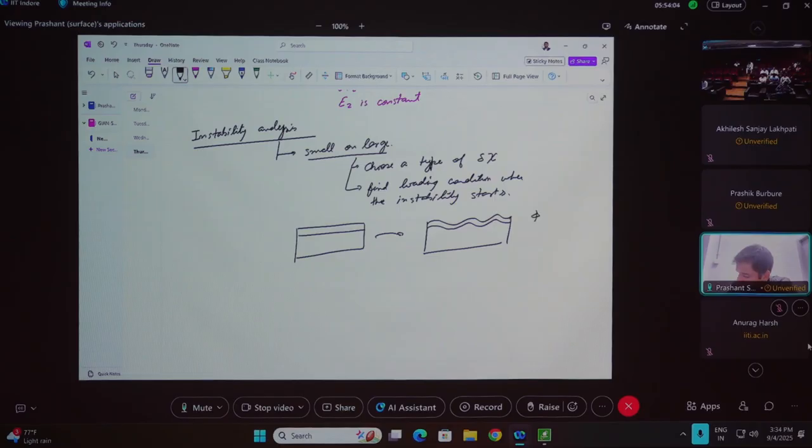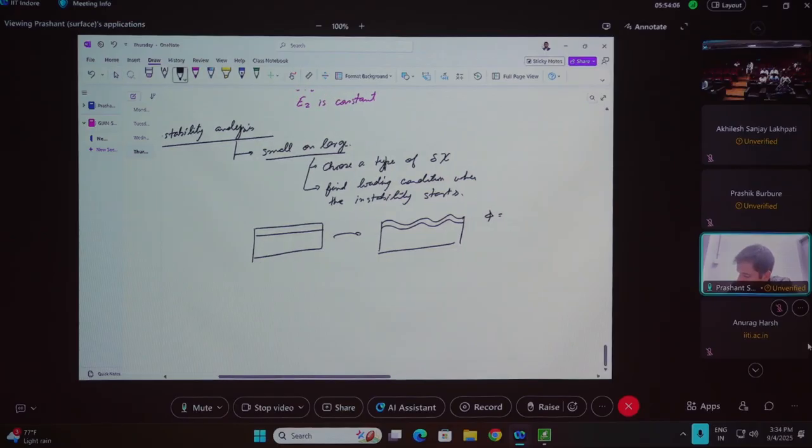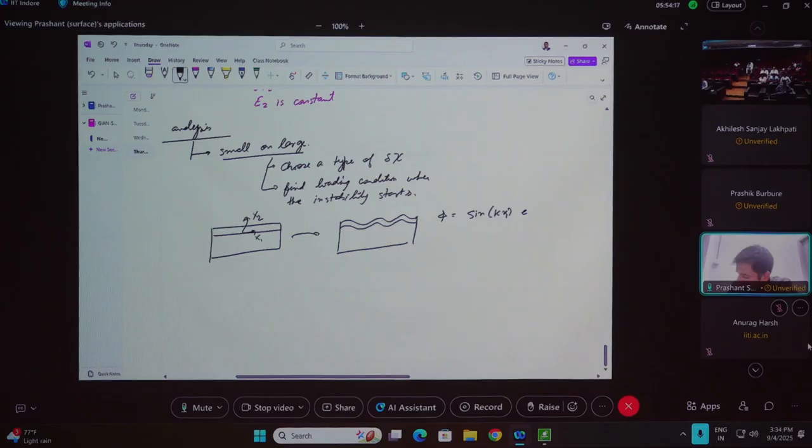We had a displacement function, if you remember, something like sine of k x1 along the x1 direction, and exponential of minus k x2, so that it decays down. So we knew that this is what the instability pattern looks like. So we chose a value of delta chi that had a certain form, and then we found out under what loading conditions this instability starts.